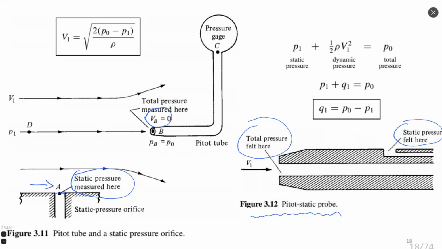And then, due to the Bernoulli equation, we can find the flow velocity in a very, very simple way. You can see this equation on the left upper corner of this screen. This works quite well for incompressible flow. For compressible flow, we will have a different model.